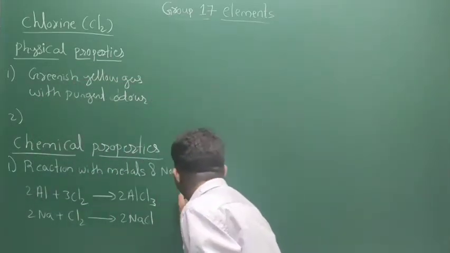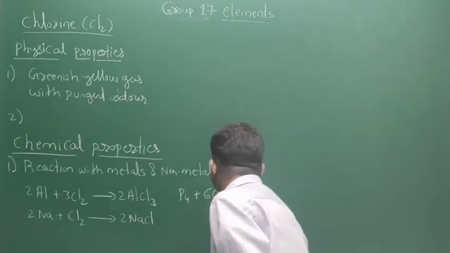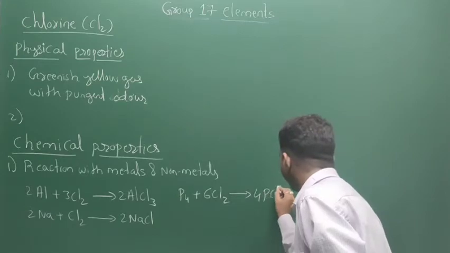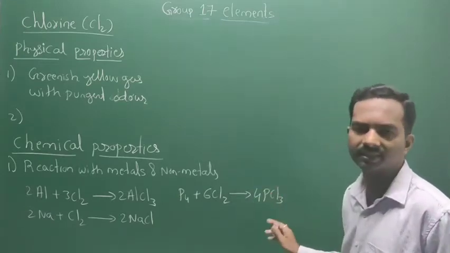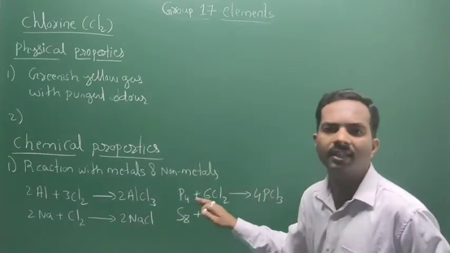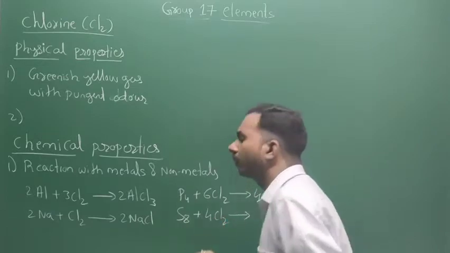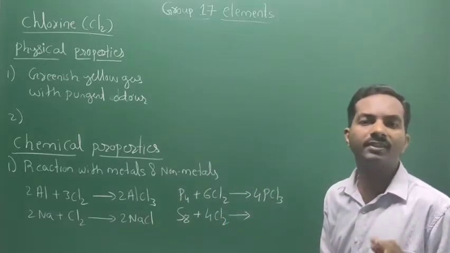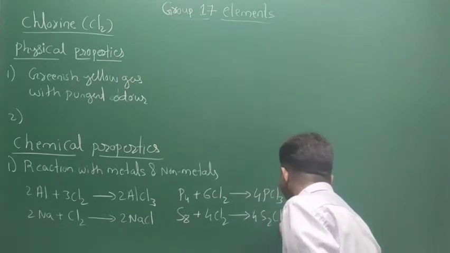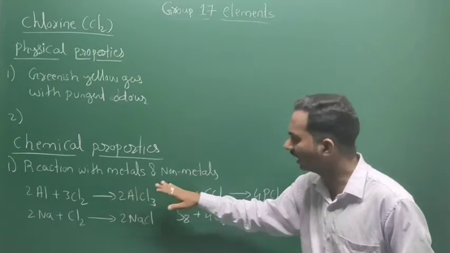Phosphorus reacts with chlorine, so formation of phosphorus trichloride. Sulfur reacts with chlorine, formation of sulfur monochloride. So this is about the reaction with metals and non-metals.